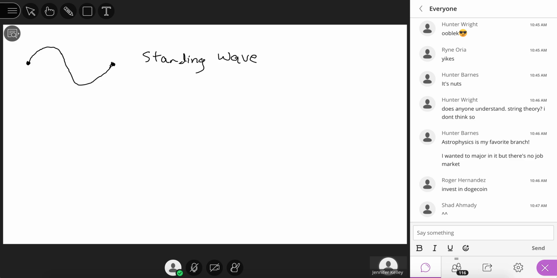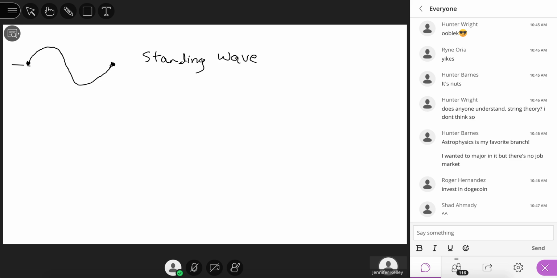It's the kind of waves you generally think of if you had a rope and made a wave out of a rope, or if you're thinking about sound waves, they kind of tend to look like this.